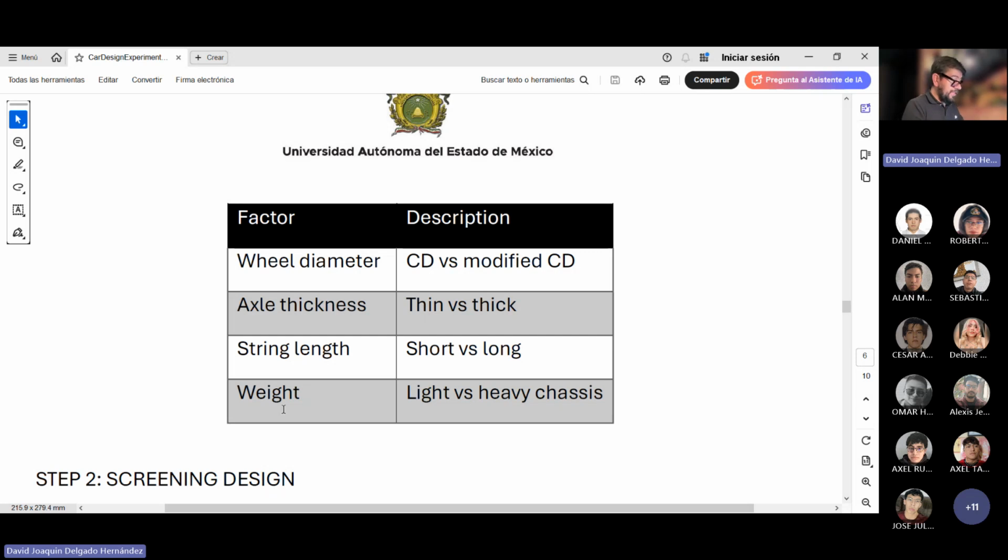The string length, you have to decide whether you use short, long, or different values: 10, 15, 20, 25, or 30 centimeters, for instance. And the weight, it could be a light versus a heavy chassis. It could be a very heavy car or a light car, okay?